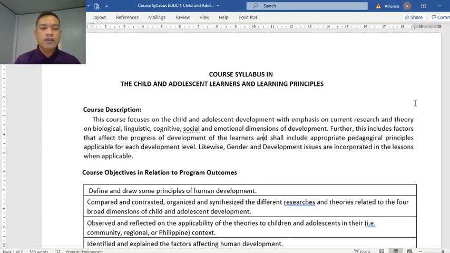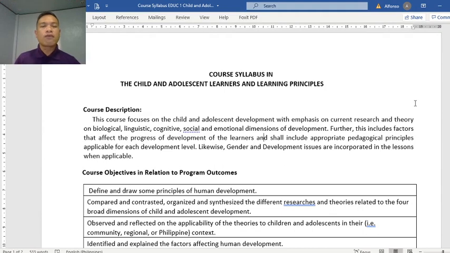And the next one is the subject matter, of course. It is critical that you know what to teach. The expertise is a prerequisite. You cannot give what you do not have.